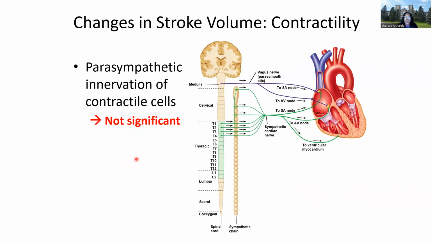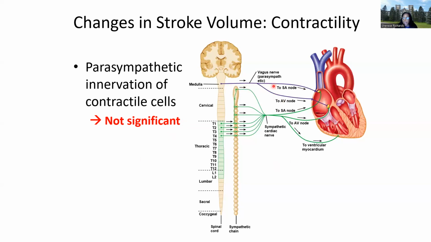Okay. Now, the second part of this is looking at the parasympathetic system. And here's where I'm going to have a huge exclamation point, because this is something really important to remember: the parasympathetic system does not have any influence on the contractile cells. I mentioned this earlier, but I'm going to reiterate it here as well.